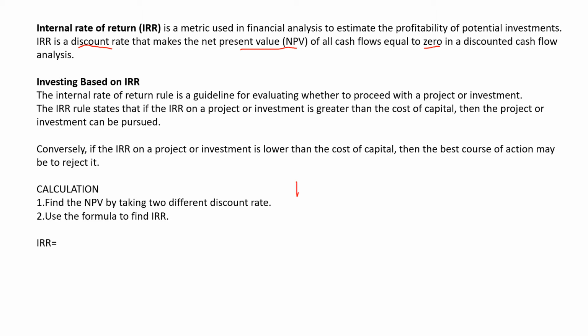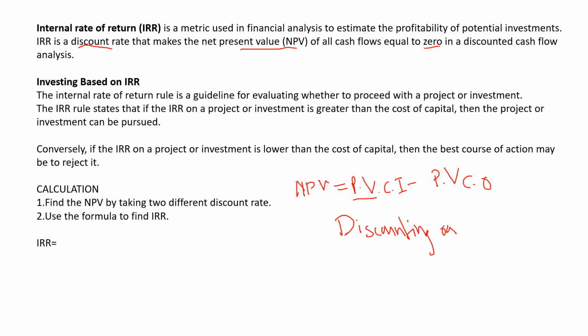We know the formula of NPV. NPV is equal to present value of the cash inflows minus present value of the cash outflows. So, while finding the present value, we need a discounting rate, right? We need a discounting rate.